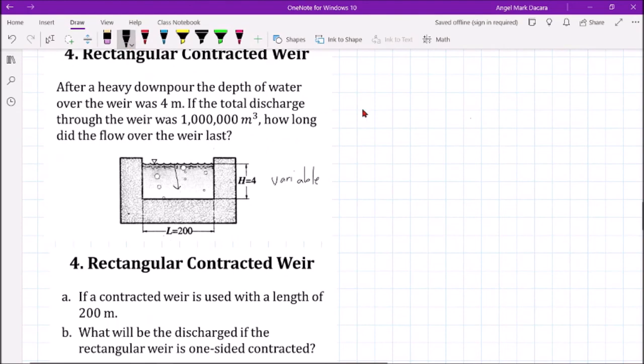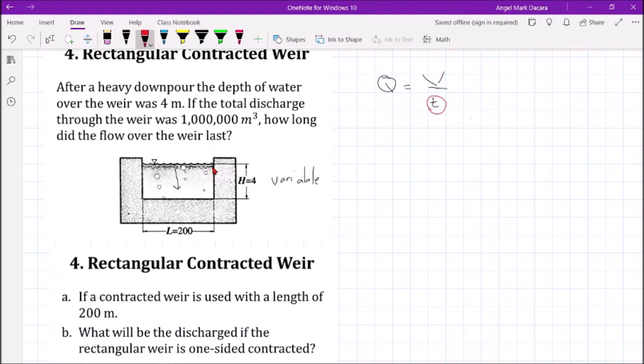So, since this is a falling head, di ba alam natin, kapag discharge, Q is equal to volume over time. Okay? Ngayon, ito yung hinahanap natin, time. Then, ang discharge natin is variable.